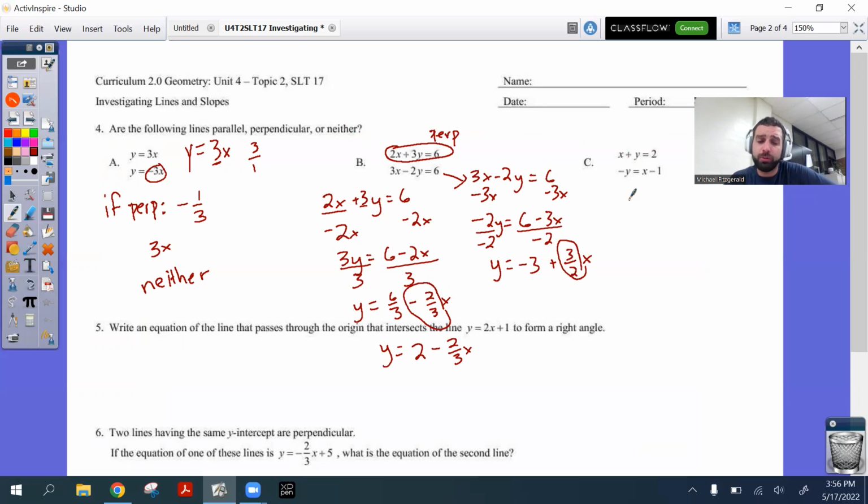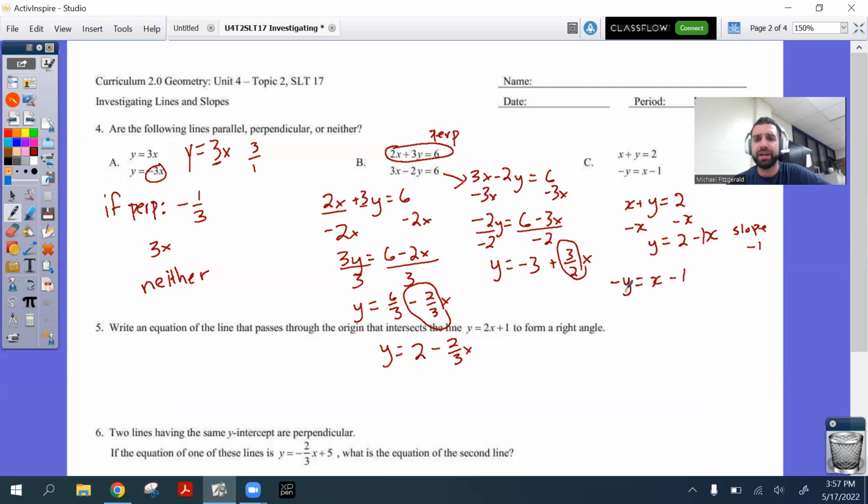All right, let's move on to the next one. X plus y is equal to 2. We want to get y equals, so we're just going to subtract this x from both sides. We get y is equal to 2 minus x. This is the same thing as saying 2 minus 1x, so this slope is negative 1. Next one, we have negative y is equal to x minus 1.